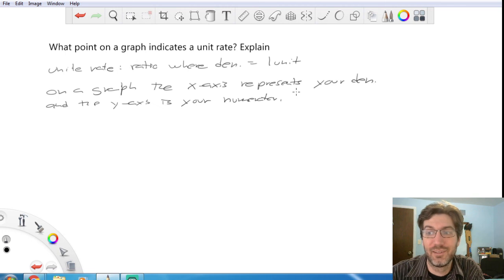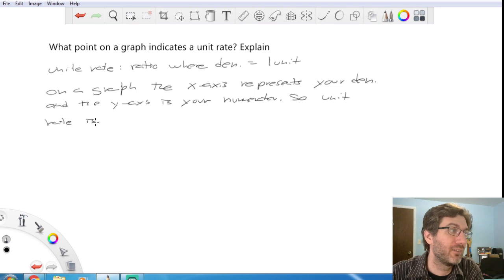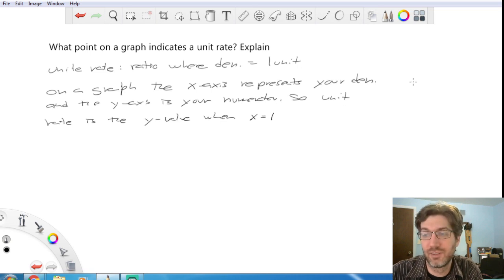Okay, so unit rate is the y value when x equals 1. I'd like you to at least make a graph, Eli, if I didn't answer that already. Okay? And your explanation is because, hey, this is unit rate.